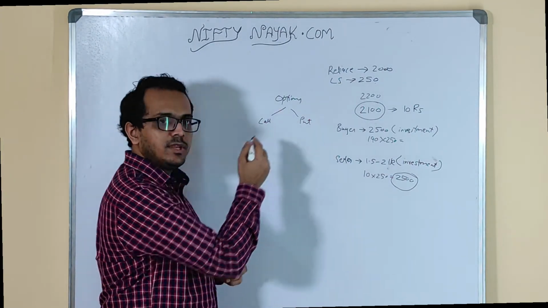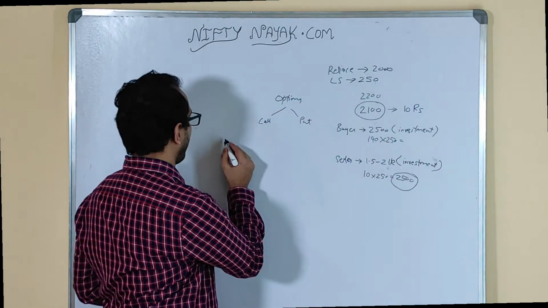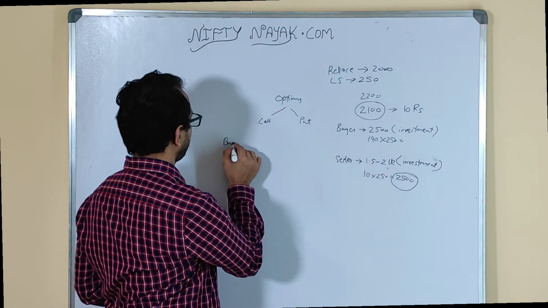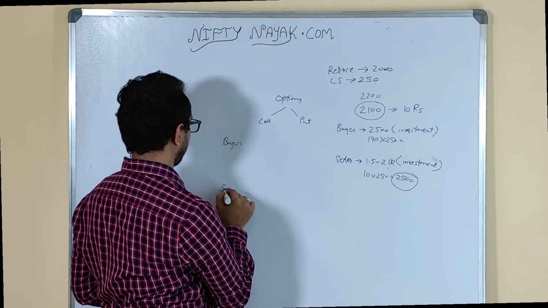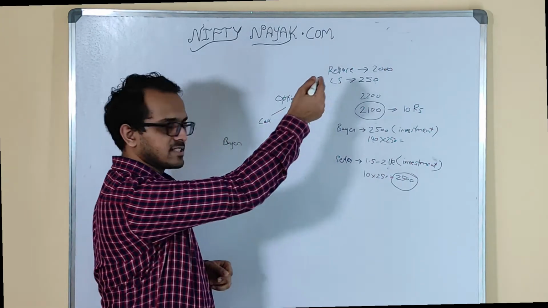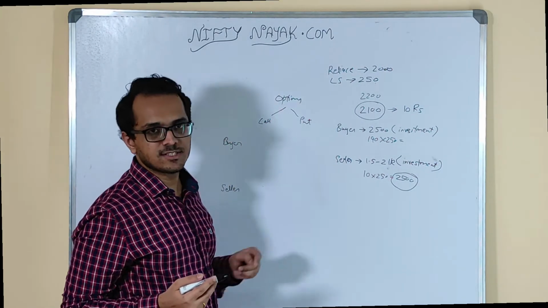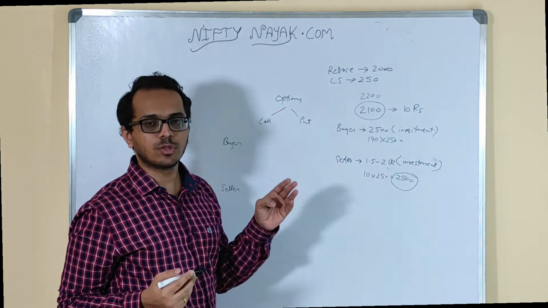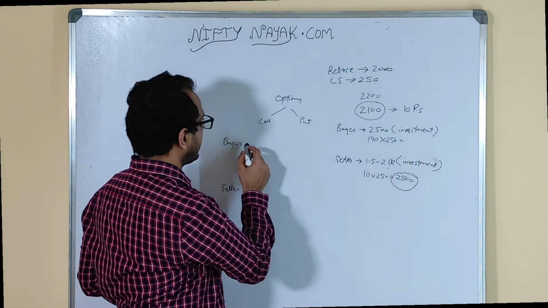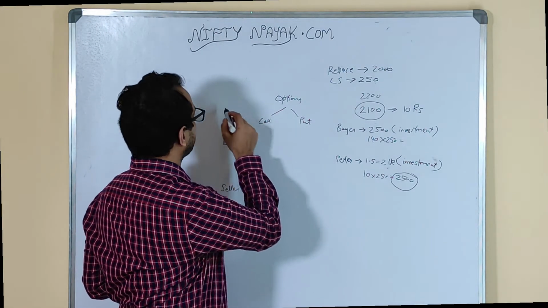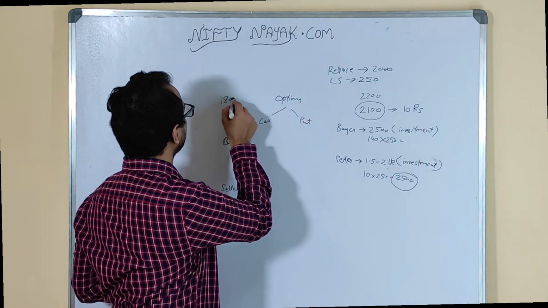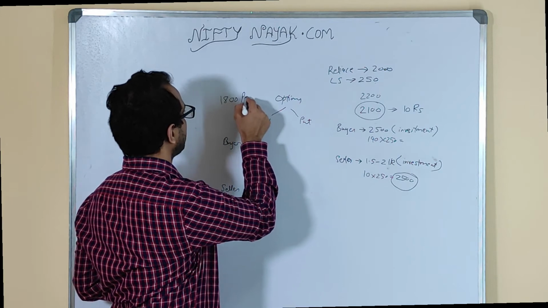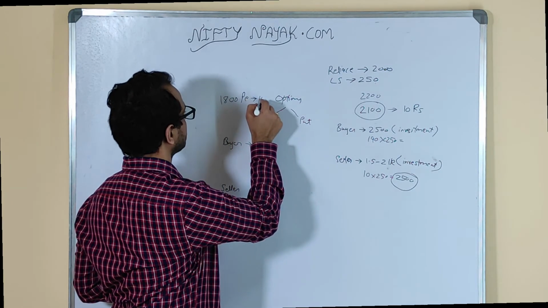So even in put, you have a buyer and a seller. So I take the same example where Reliance is at 2000 and a put of 1800. A buyer buys a 1800 put of Reliance at, let's say, 10 rupees.